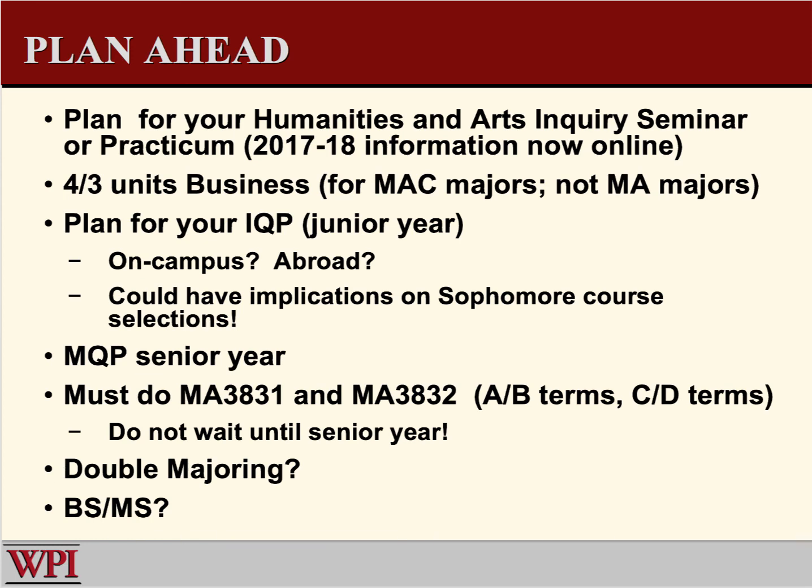Double majoring. If you're double majoring, this requires a lot of careful planning, in particular for your MQP, because you either have to do 2 separate MQPs or 1 4/3 unit MQP that's advised by faculty in each of the departments. BSMS. If you think you might do a BSMS degree, this also requires careful planning.